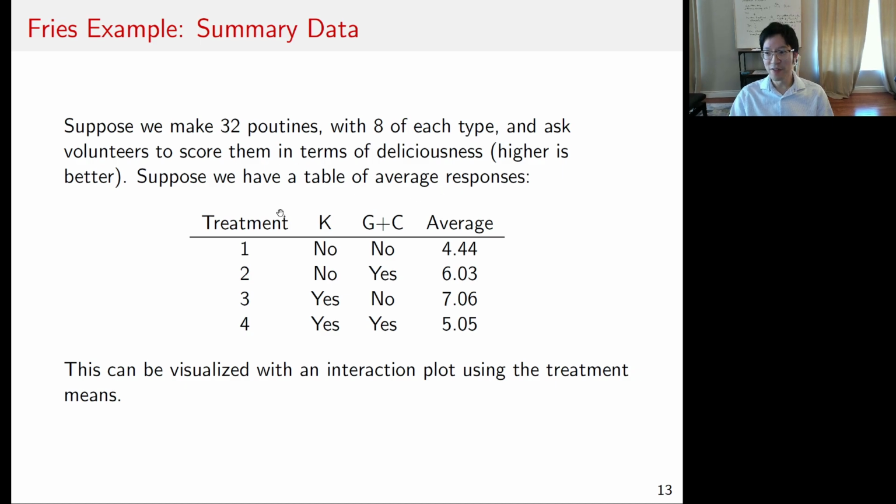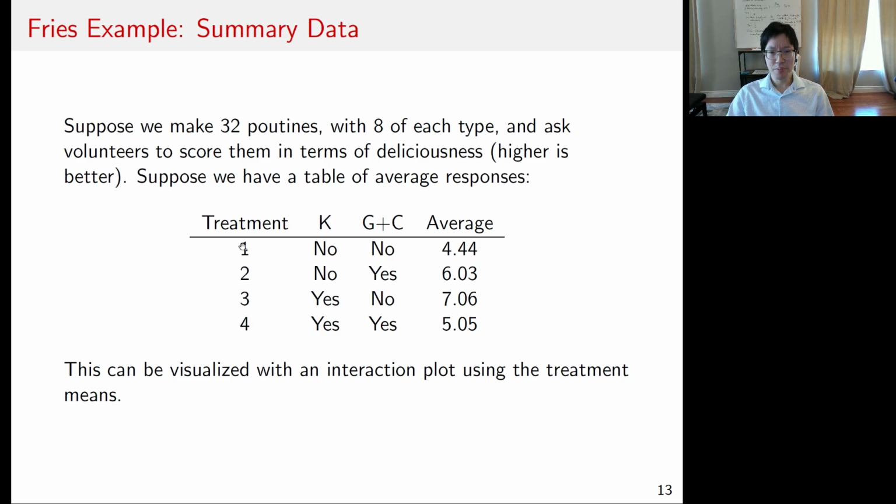And so I kind of intuitively ranked them. I thought 3 would be the highest, so that seems to be the consensus in chat. So I gave it a score of 7.06, and then followed by 2, which would be the typical ketchup with fries, and then kind of a tie between maybe plain fries and the overloaded fries with both ketchup and gravy.